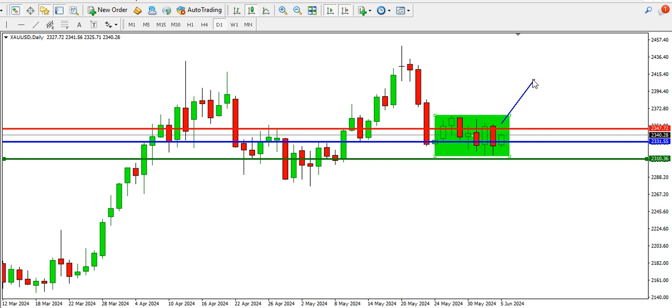We might see price breaking out to the top, and then to some extent dropping, more like clearing the stop losses at the top of the range before dropping. That's a possibility. We might also see price dropping at this point to clear the stop losses below the range before going to the top.